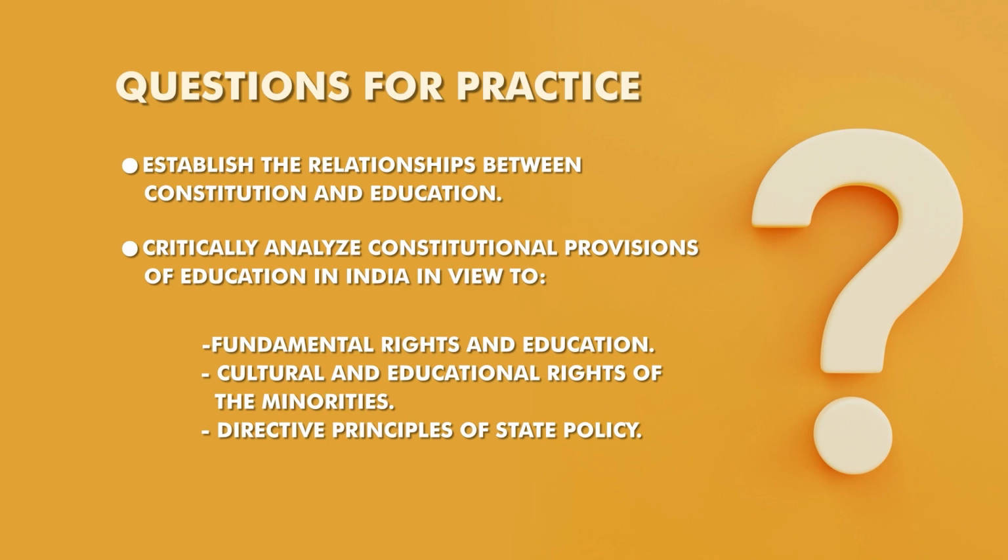What provisions, facilities and special provisions are there to protect the rights of the SCs and STs, and how to bring them to the mainstream of society. And further, under directive principles of state policy, we have also discussed certain articles that talk about educational provisions included in the constitution.